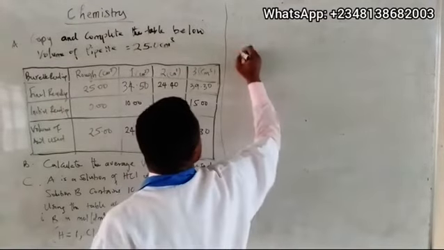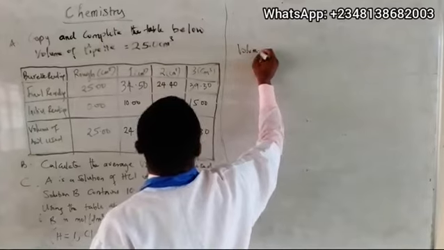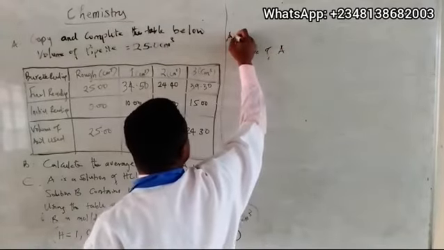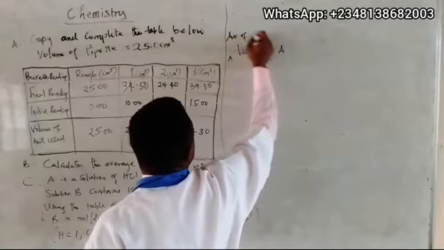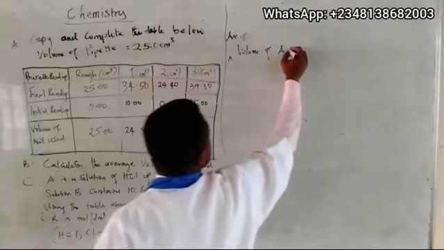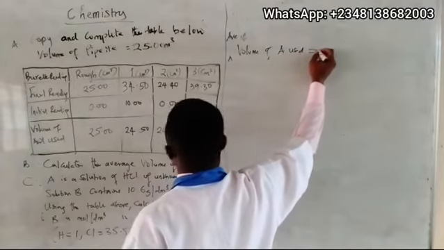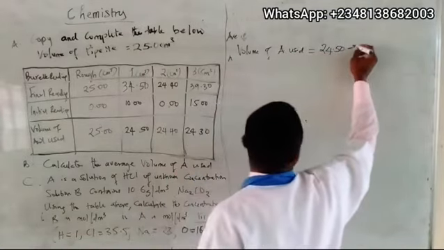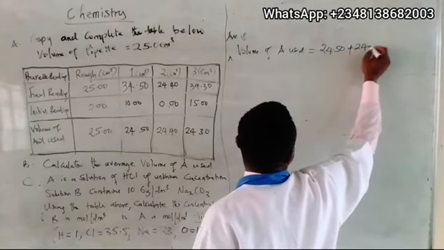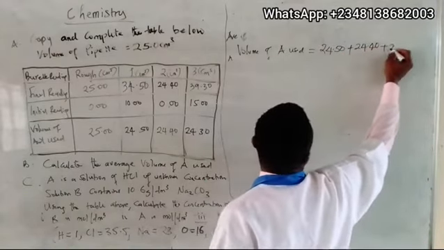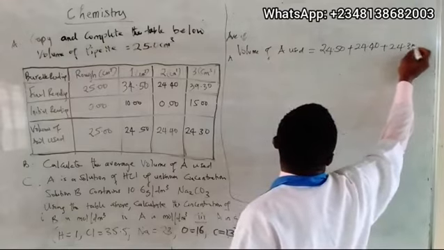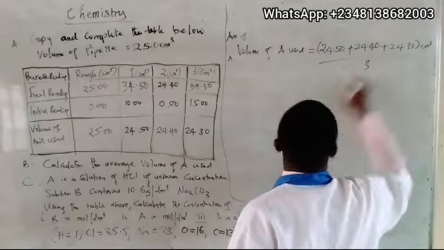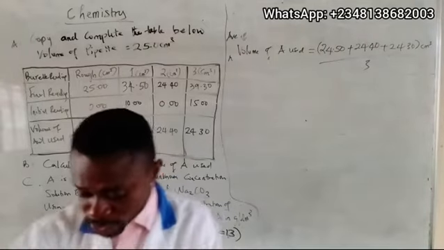So the average volume of A used is 24.50 plus 24.40 plus 24.30, all in cm cube, divided by 3.